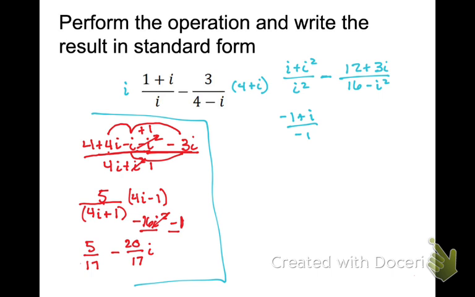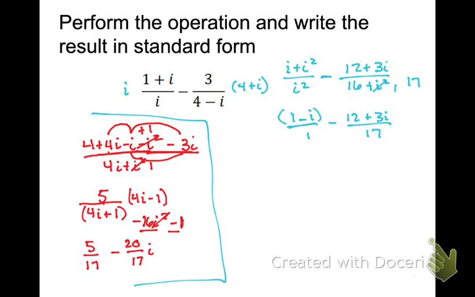So I'm going to get rid of that negative and just switch the signs of everything. Can't I do that? Okay. And over here we have minus, and this is going to be plus 1, so it's 17. So you have 12 plus 3i over 17.